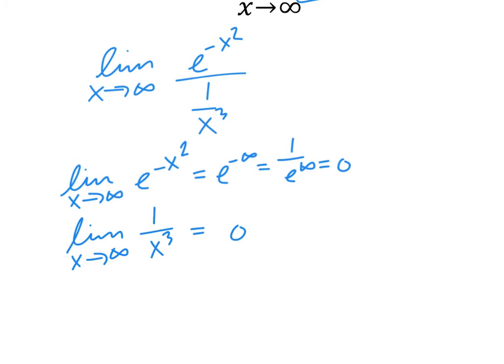Why did I change e to the negative x squared to 1 over e to the x squared? Why wouldn't you put the e to the negative x squared in the denominator? Oh, because a negative exponent means flip it, right? Flip the whole thing. Yeah, I could have done that in the first place. You would still get the same problem.